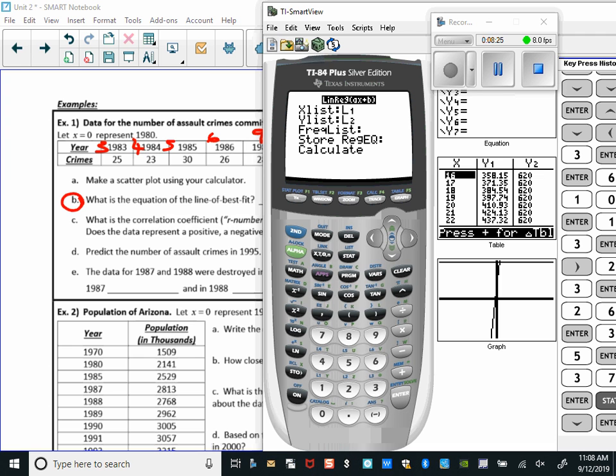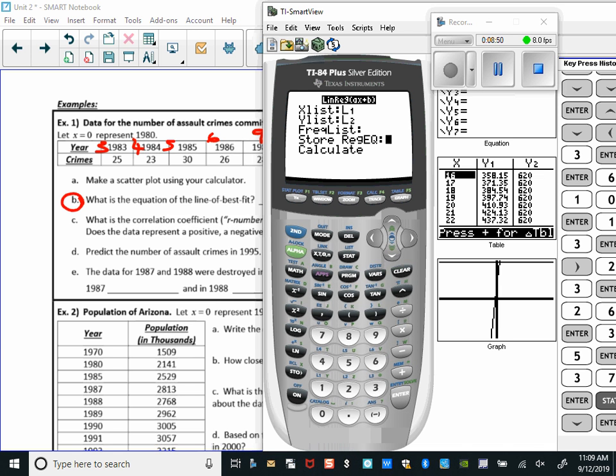That's good. Something else that you can do that's really helpful: here, when it says store reg EQ, you can hit the green button, which is alpha, and then you hit the trace button. Oh, I guess my computer is frozen.